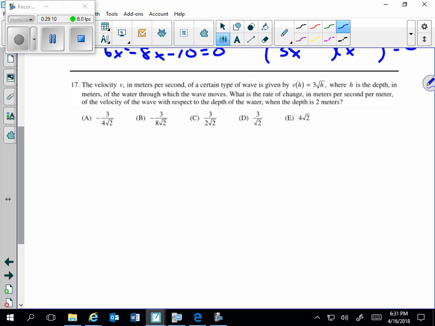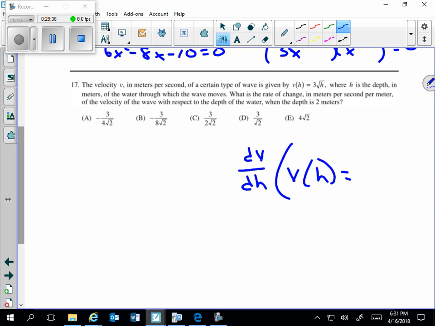Looking for V. What are my units of V of H? V of H is velocity in meters per second, where H is the depth of the water in meters. So if I found dV dH, good lesson on units, what are my new units?